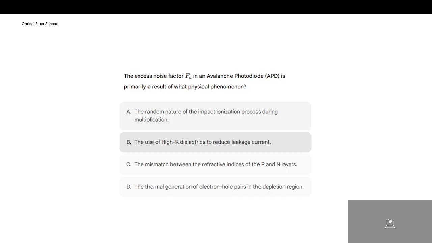Option A, random nature of the impact ionization process during multiplication. B, the use of high K dielectric to reduce leakage current. C, the mismatch between the refractive indices of the P and N layers. D, thermal generation of electron hole pairs in the depletion region.